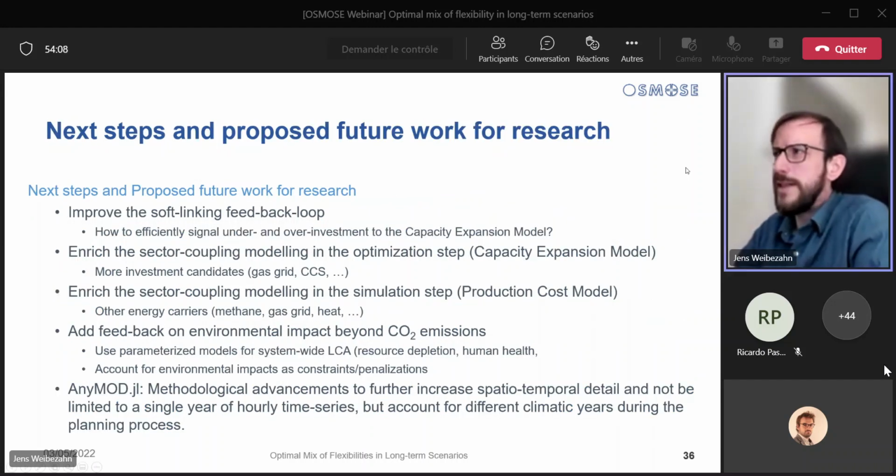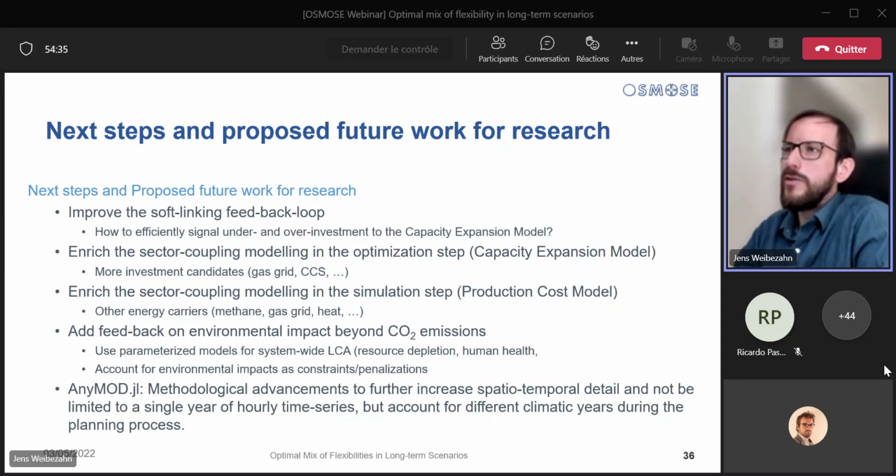In terms of the next stage that we're looking at here for the work that has been done in OSMOSE, first of all, you will be able to read a lot about all this work on the OSMOSE website and a couple of upcoming publications. But we also want to keep working on this. So, for example, by improving the soft linking feedback loop that we mentioned between the two models, capacity expansion and dispatch.